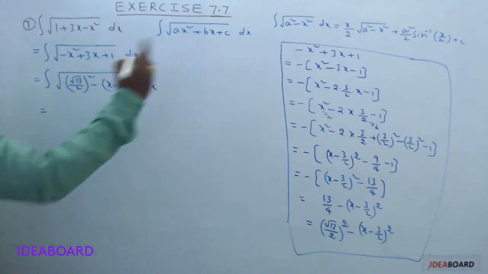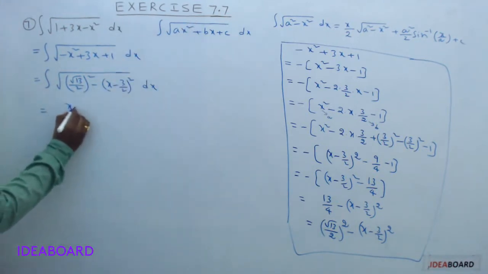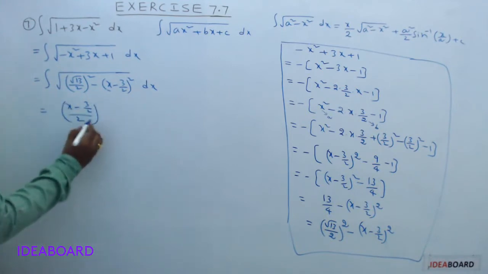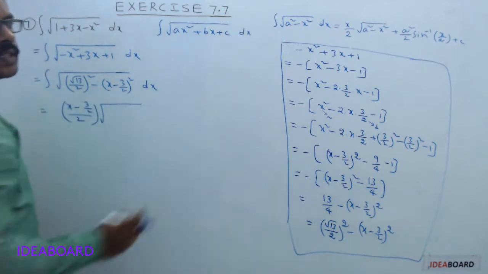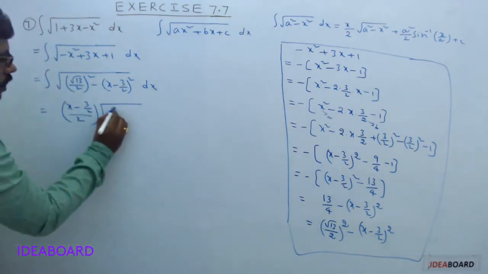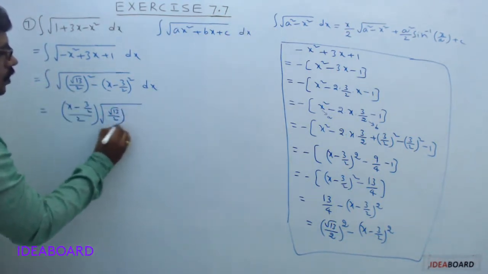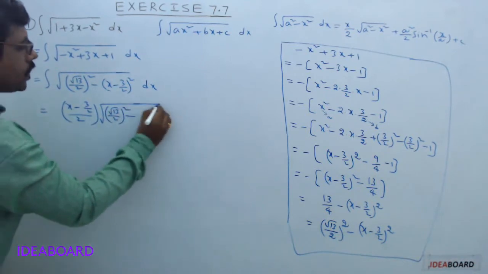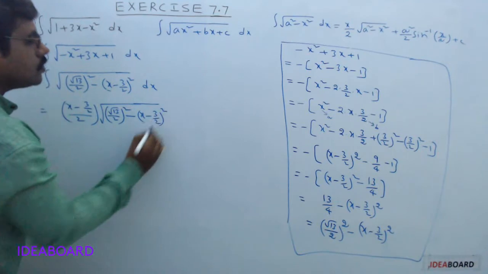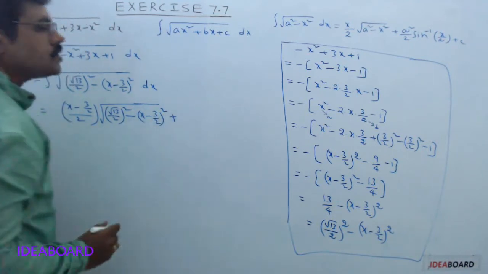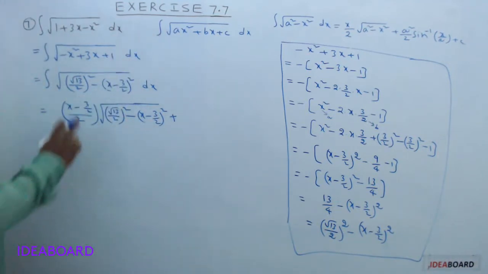This is x divided by 2. X value x minus 3 by 2 divided by 2 into square root of a square minus x square. A square root 13 divided by 2 whole square minus x square, that is x minus 3 by 2 whole square plus a square divided by 2.